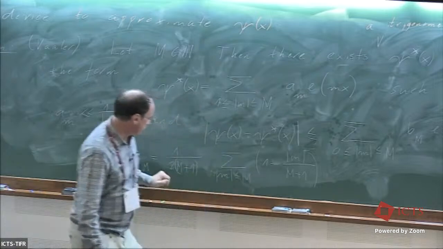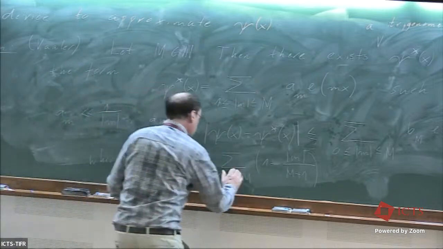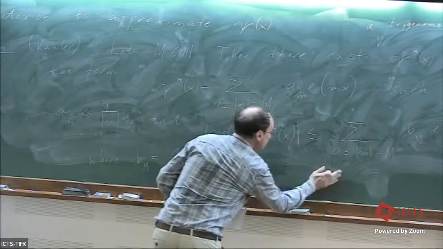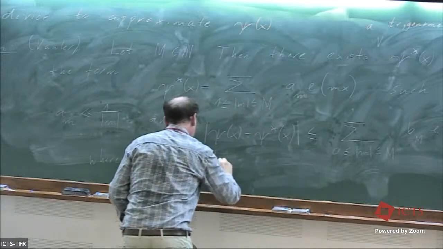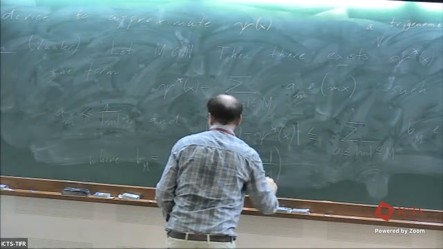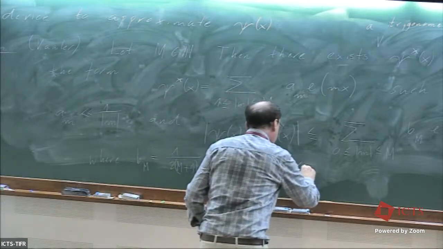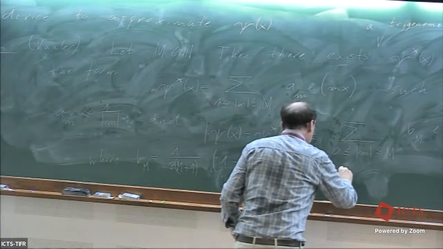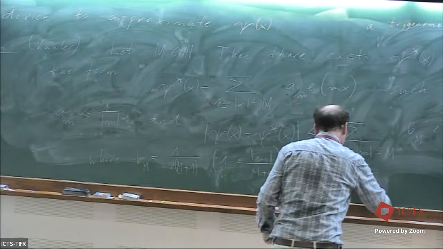Okay, and here the coefficient is simply bounded by, oh, sorry, that's not the sum. 1 minus m divided by m plus 1. So that is simply bounded by 1 divided by m, which is also bounded by 1 divided by modulus of m.